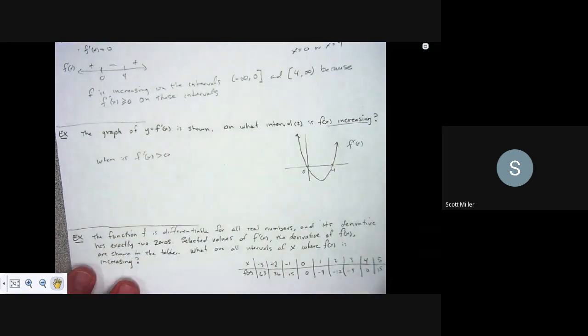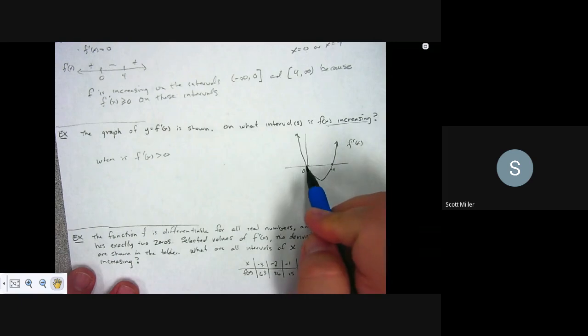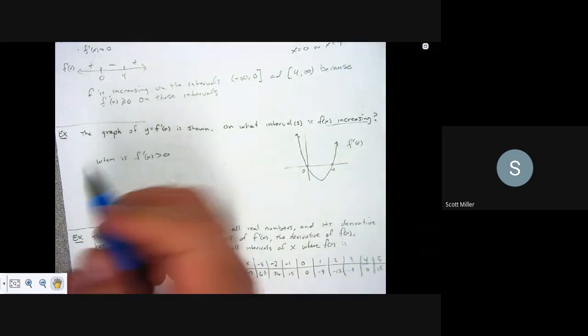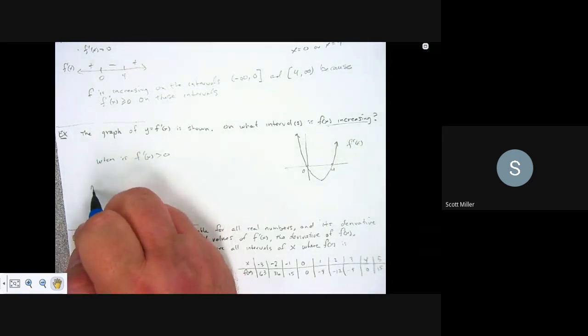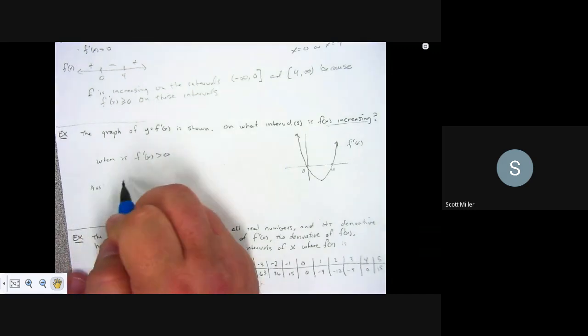Well, in a graph situation, if the graph is above the x-axis, that's positive. If the graph is below the x-axis, that's negative. And so you can see that we have the same answer we had above, written the same way.